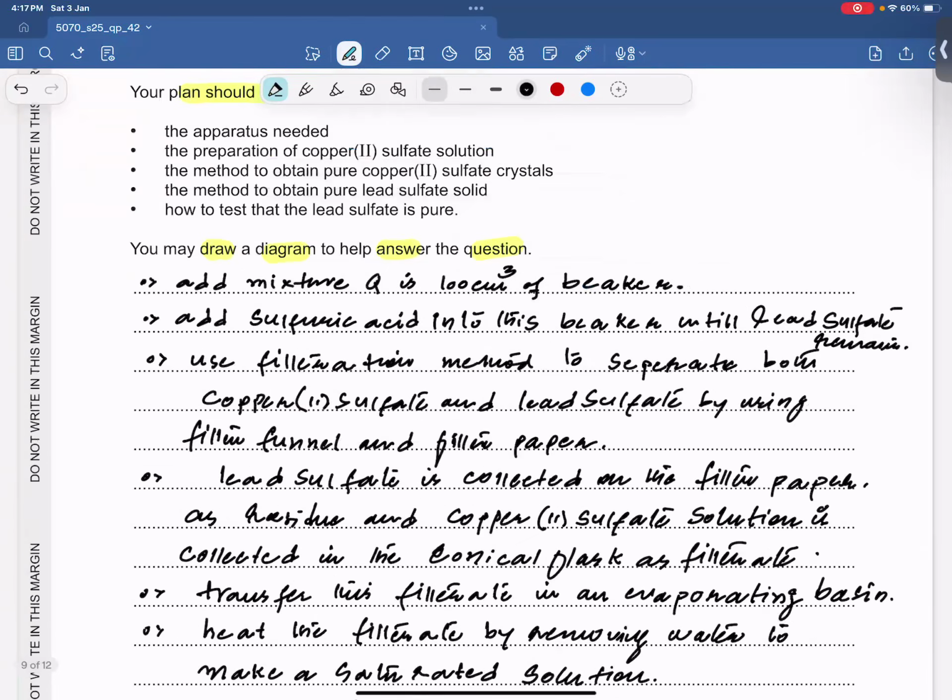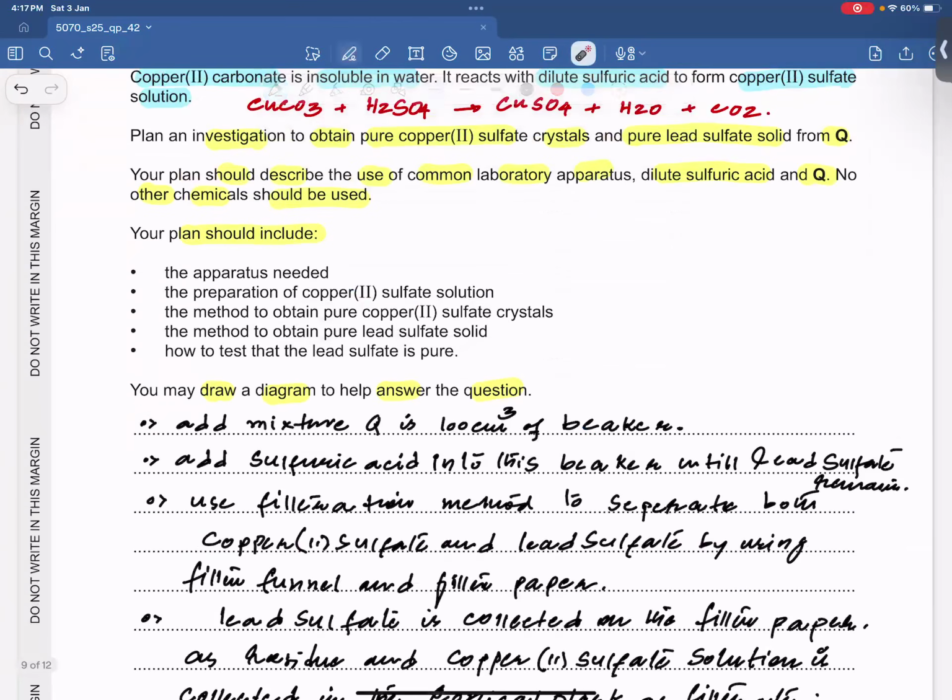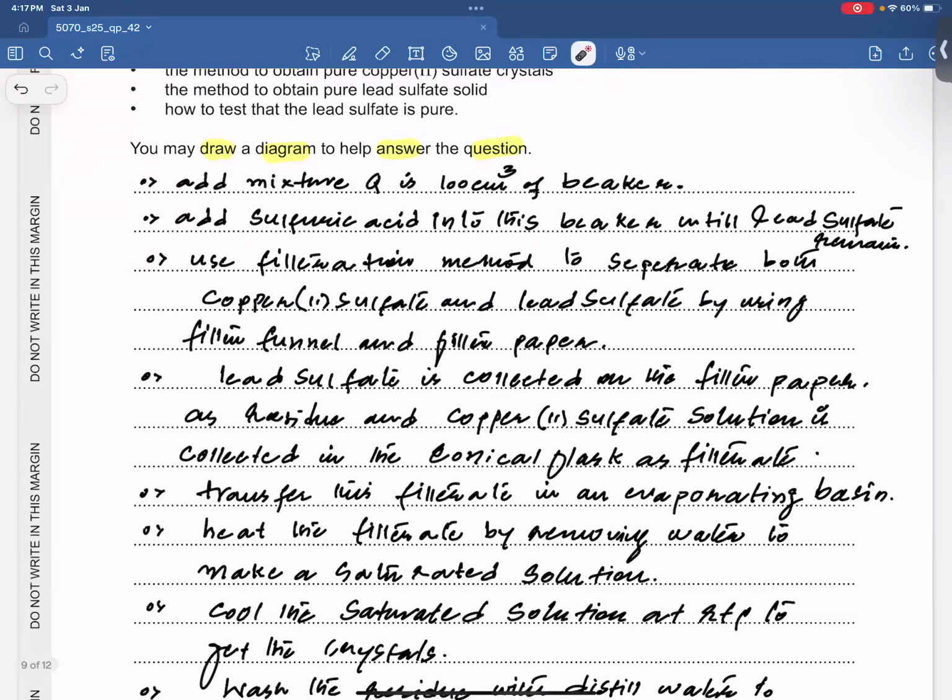Okay, so I'm done with this. I have shown the apparatus as per requirement. I have prepared and collected copper 2 sulfate solution. Copper 2 sulfate crystals, I've got that. Pure lead 2 sulfate solid, and we need to test the purity of lead 2 sulfate.